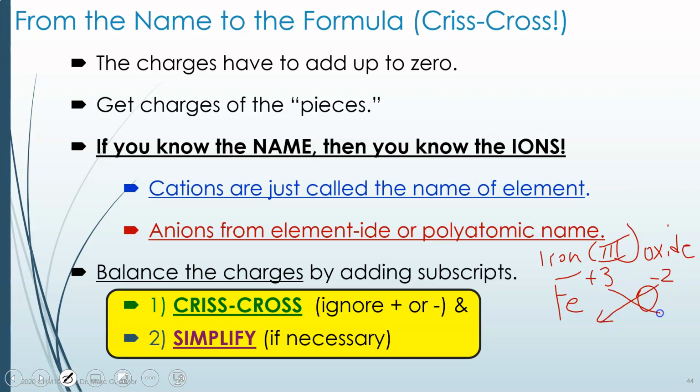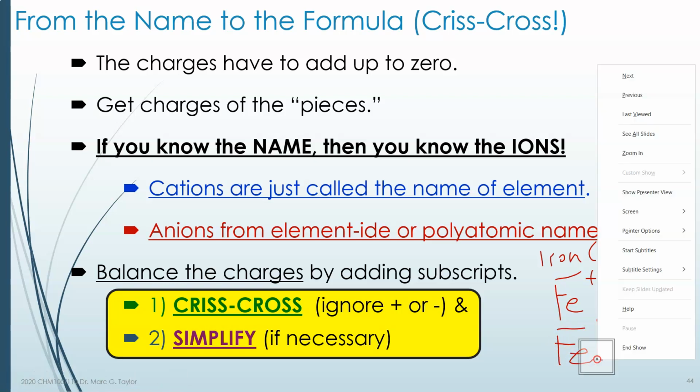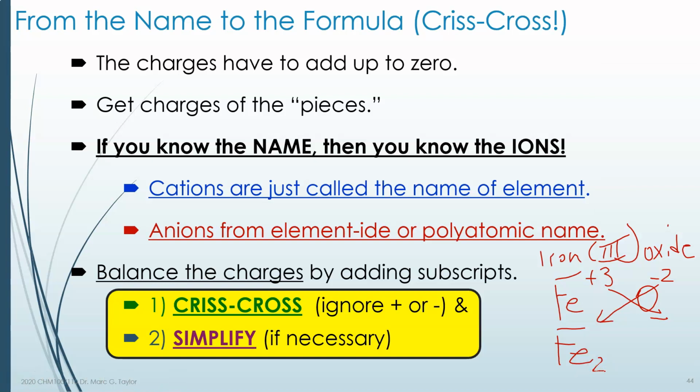The 2 goes down here, the 3 goes down here, and we end up with Fe2O3. And this is why sometimes the opposite number matches the charge. It's because we crisscross. However, in some cases, we simplify the numbers. So 2 and 3 can't be simplified anymore.